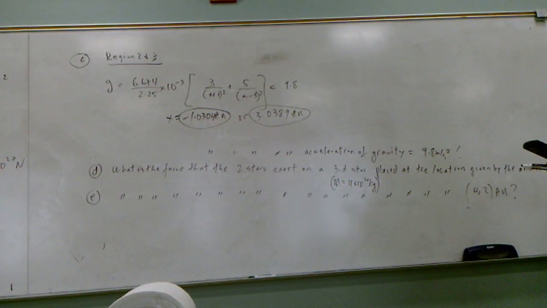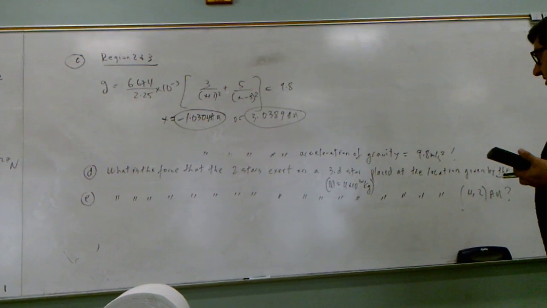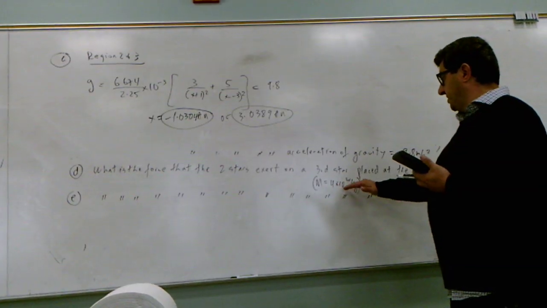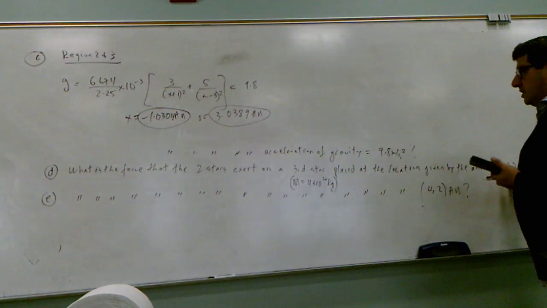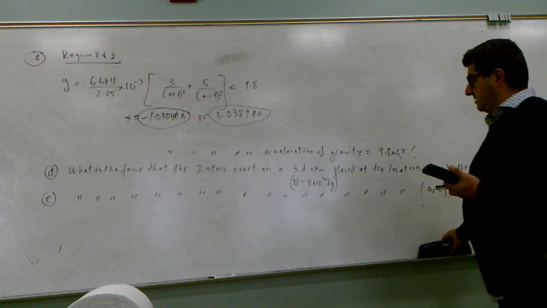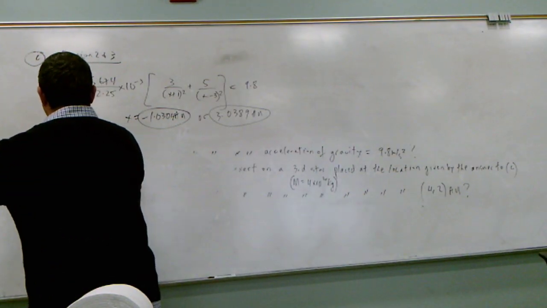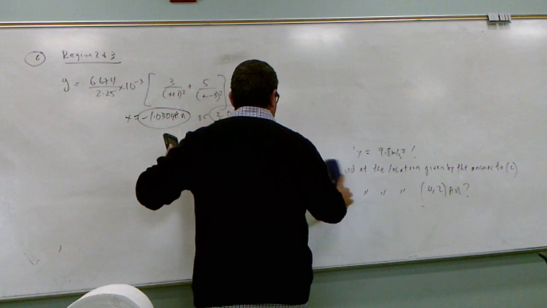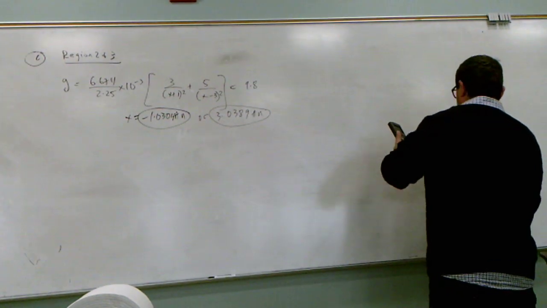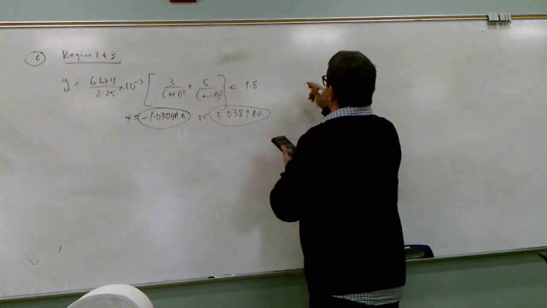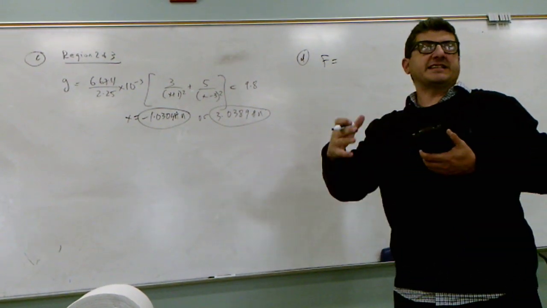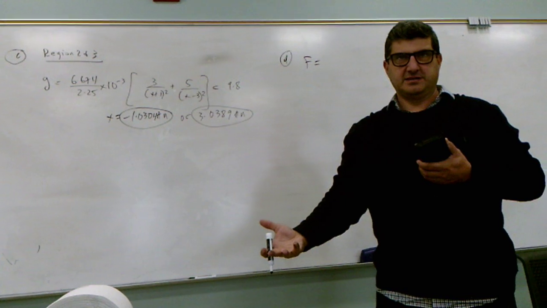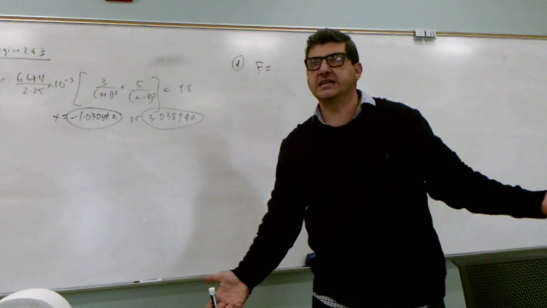So then D says, what is the force that the two stars exert on the third star, whose mass is 4 times 10 to the 30 kilogram, placed at this location, given by the answers to C. Okay? So then how do we do that quickly? So then the force is just going to equal what? The mass of whatever you place there times the total gravitational field at that location.